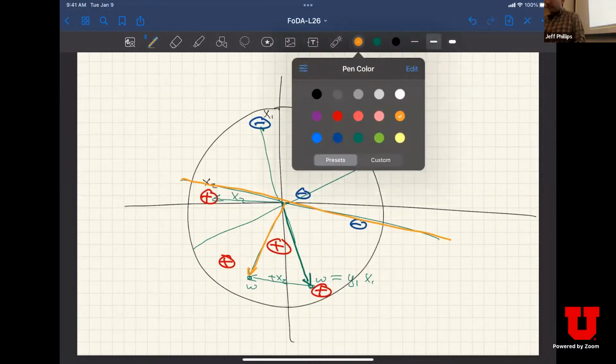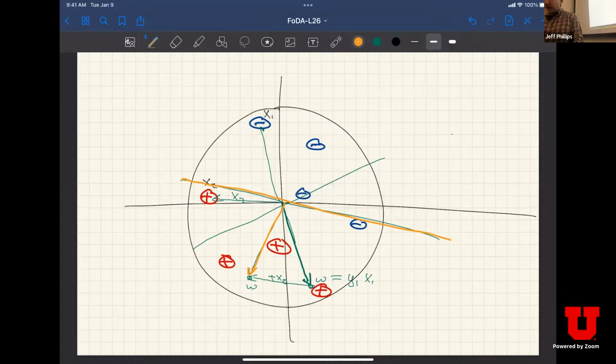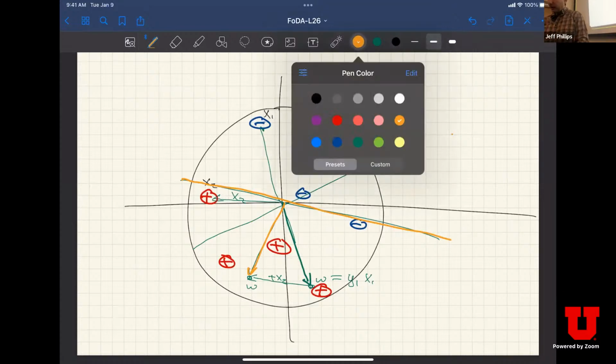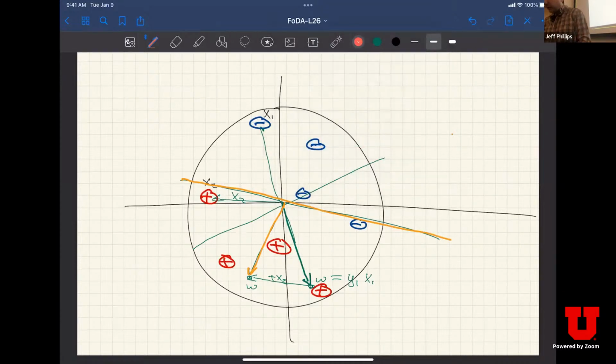The only misclassified point remaining is this point over here. We'll call this x3. Now I want to add that vector onto W, plus y3 x3. So it's actually subtracting x3 because y3 is negative.